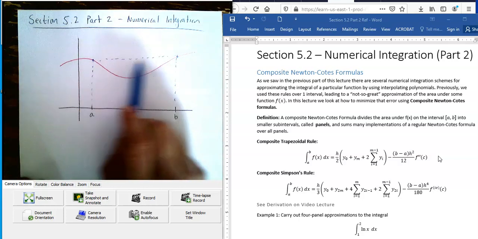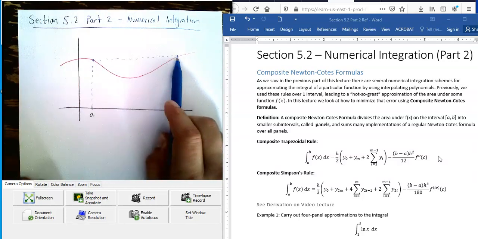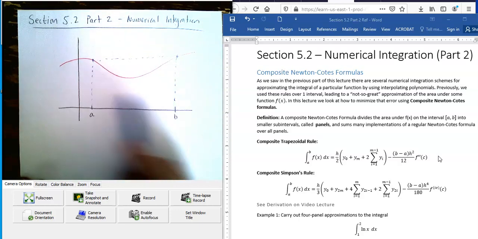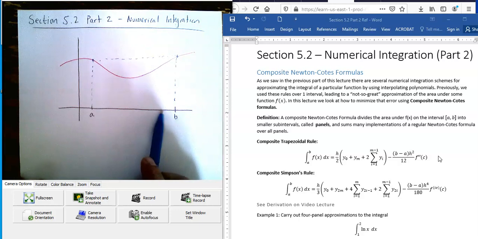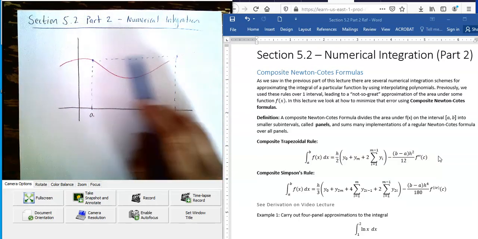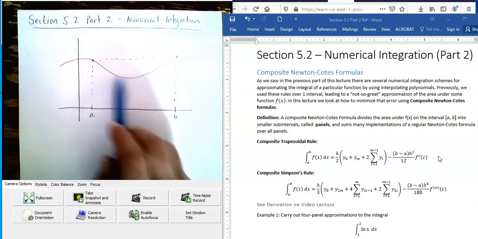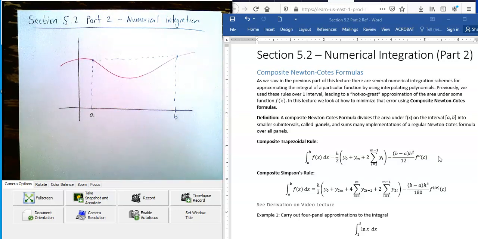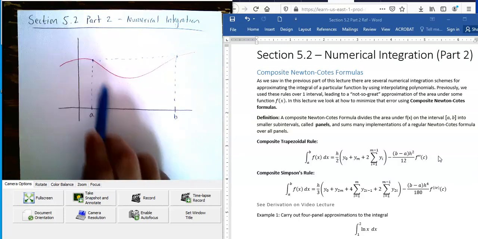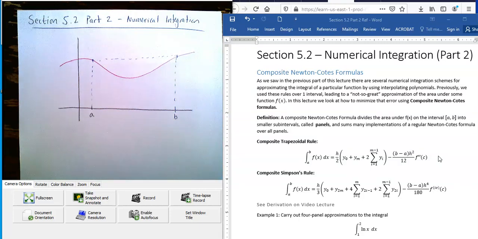We're using the line as our interpolant for the function. And then we're calculating the area just using a formula for trapezoids. However, we can see that there's a big error in the actual approximation here because all of this area is not underneath the curve. So we're going to have a pretty terrible approximation if we just use one big interval.